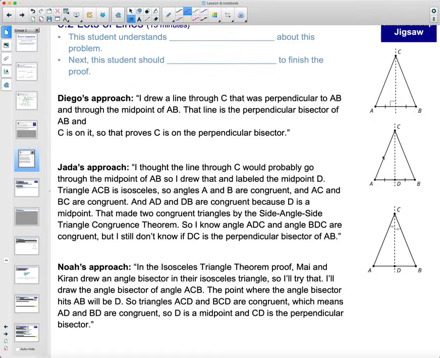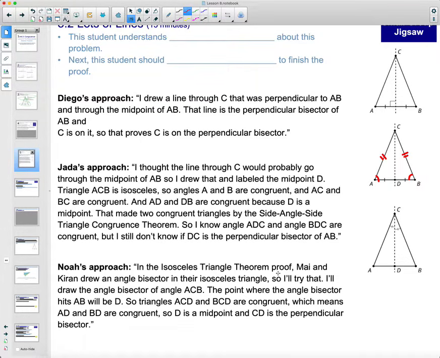So she knows that it's isosceles, and so angle A is congruent to angle B, and AC is congruent to CB. That would give her side angle side. So I know that angles ADC and BDC are congruent, but I still don't know if DC is the perpendicular bisector of AB.